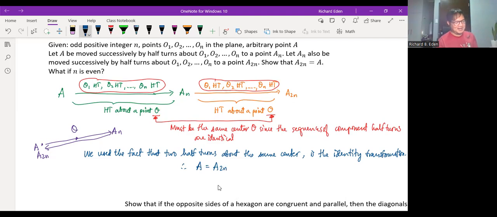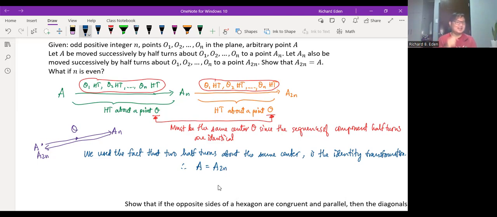But then what if n is even? If n is even, what happens? It will be translated if n is even. And then if it is done again, it will be translated further. How are you so sure it's further?